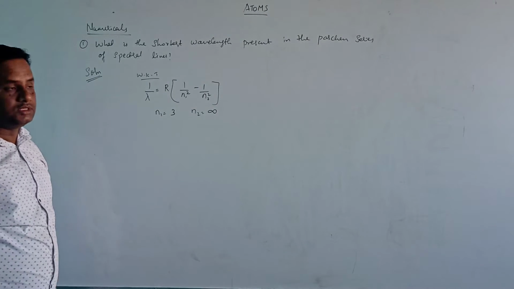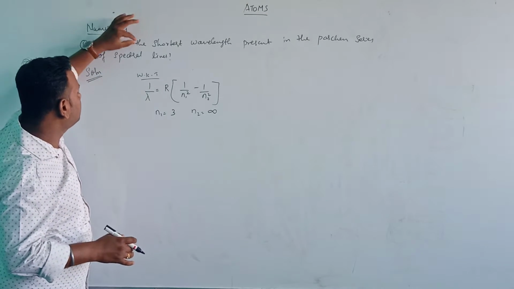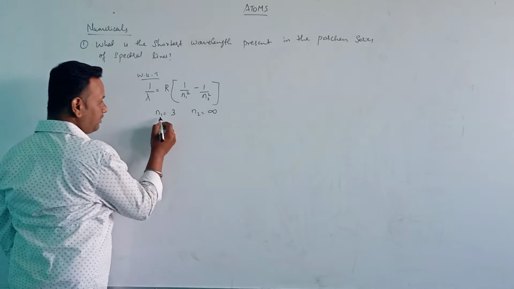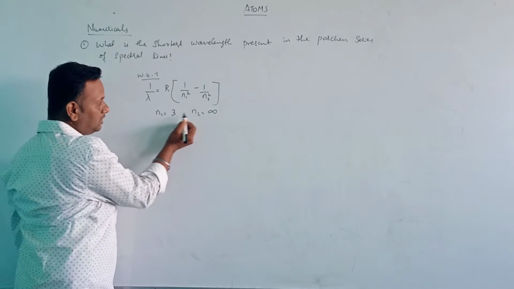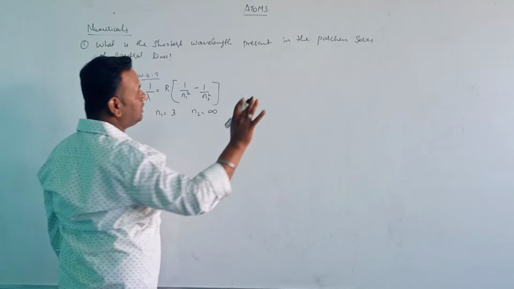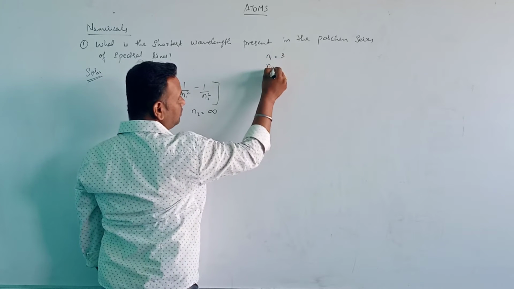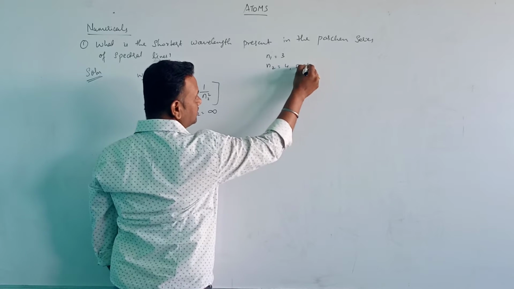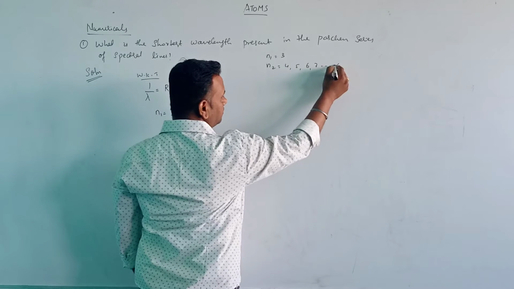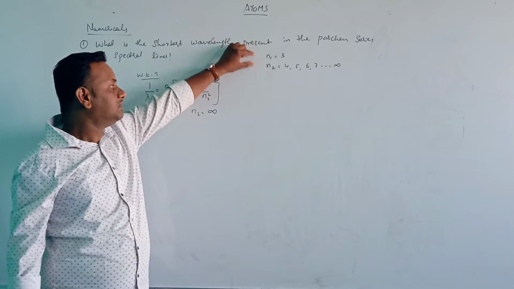Suppose they ask you the longest wavelength, then here you take the n1 value as 3, and the n2 value changes. Generally in the Paschen series, the n1 value is 3, and the n2 value is 4, 5, 6, 7 up to infinity. This is the general form.